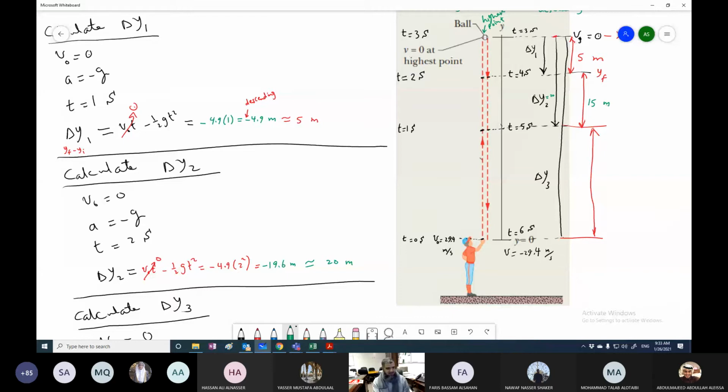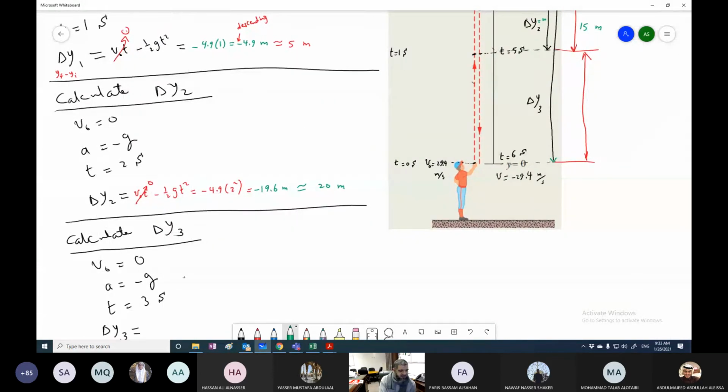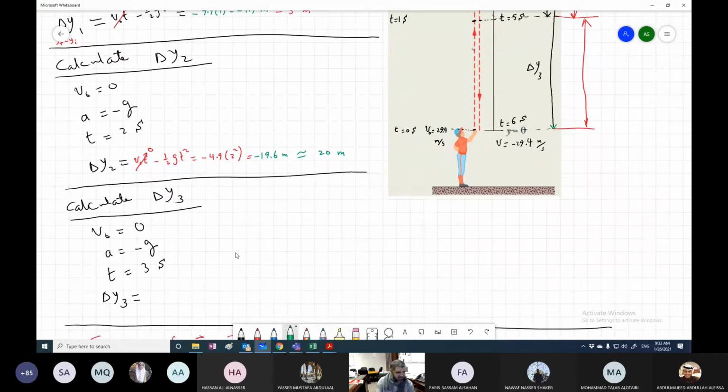Let us see this third period, delta y3. We'll start also from the same point, the highest point, where v0 is equal to 0, and we will end up at this point when the time is 6 seconds. What is delta y3? v0 is 0, acceleration is minus g, and the time is 3 seconds.